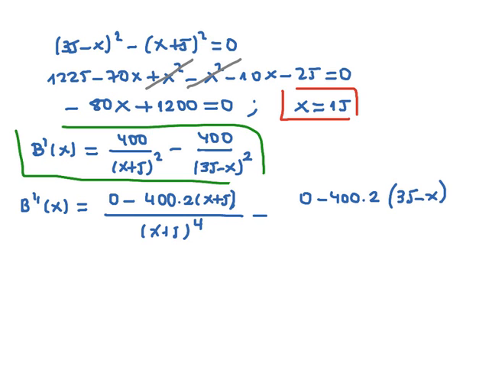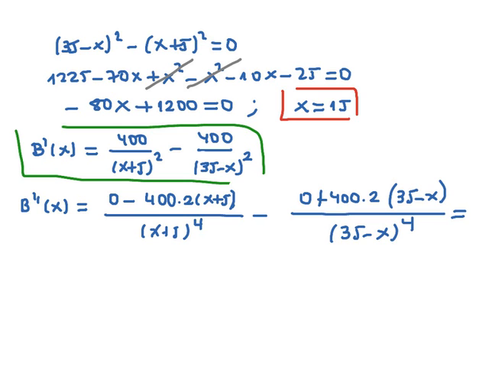I must multiply now by -1, so this would be a plus sign over (35 minus x) to the power of 4.